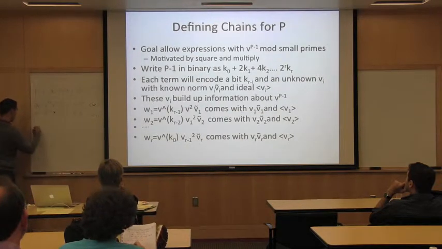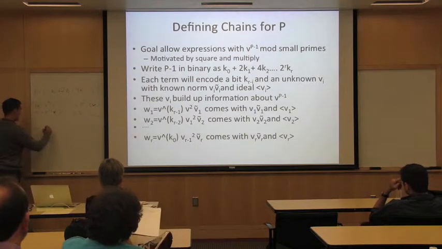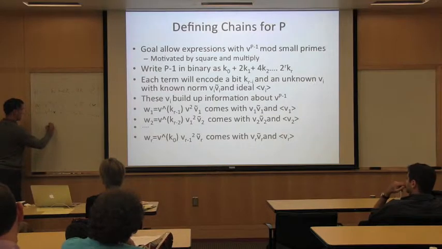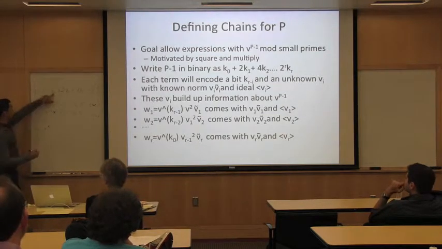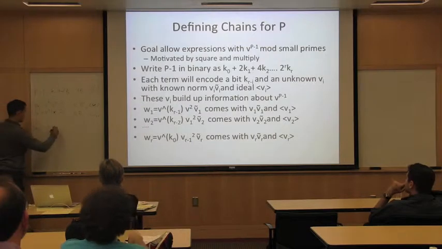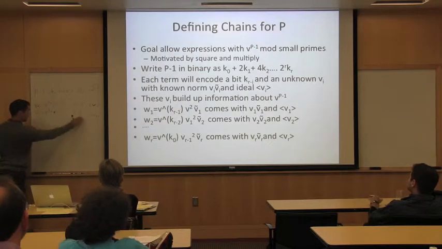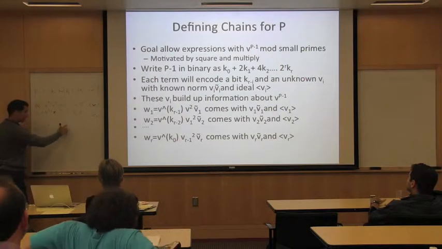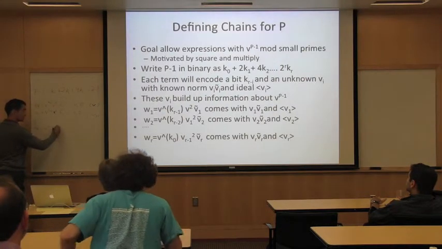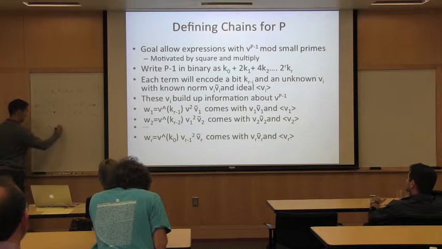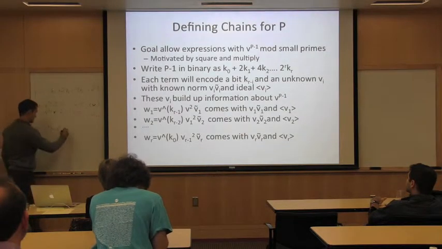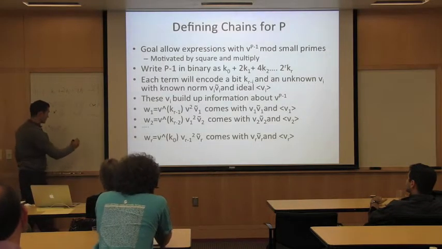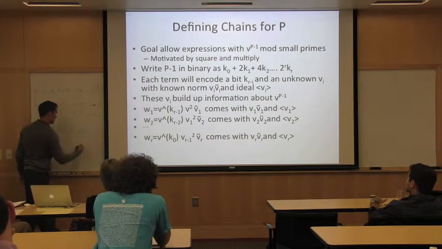And we're going to keep going all the way down to the last polynomial in our chain, W sub r, which is V to that first bit right here, times V sub r minus 1, which is the last fudge factor, squared. And a final fudge factor V sub r. That also comes with V sub r times V sub r conjugate and the ideal of V sub r. I'm not sure if you need the very last one.